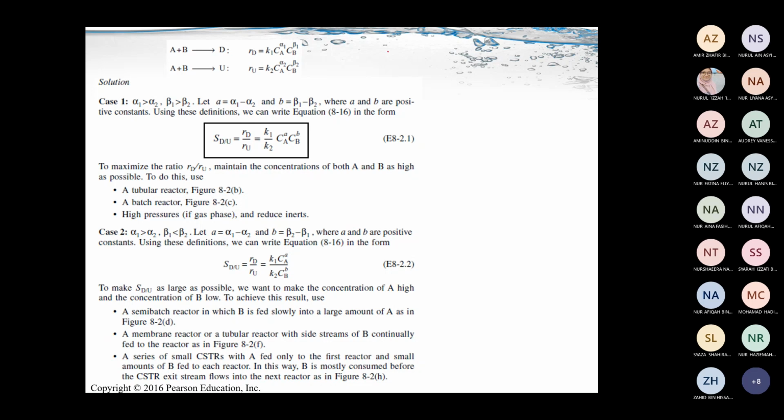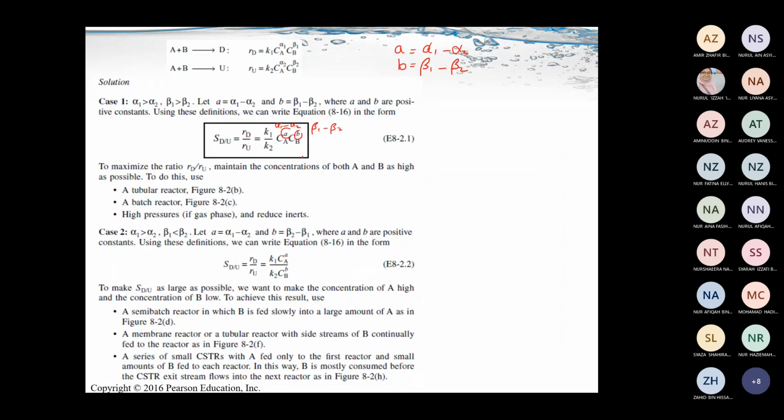We define a as alpha 1 minus alpha 2, and b as beta 1 minus beta 2. We just assign it by subtracting the bottom from the top. So from there we position it back to what we summarized earlier. a is actually alpha 1 minus alpha 2, and b is beta 1 minus beta 2. We simplify it with a and b.